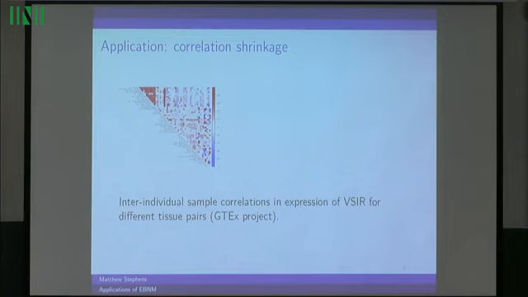And some of the tissues have very low sample sizes. There are some tissues that not many people have donated. Maybe only 5 people donated that tissue. So each dot here is an estimate of correlation. The number of individuals contributing to that correlation estimate varies from dot to dot.